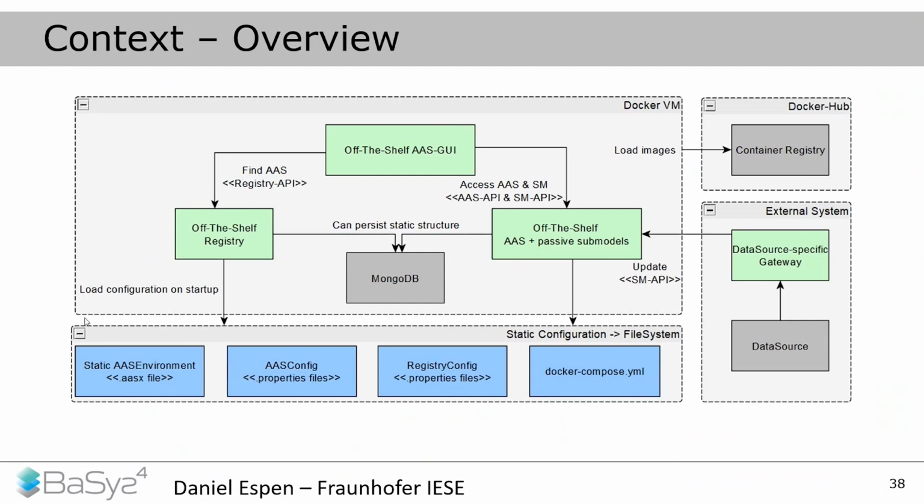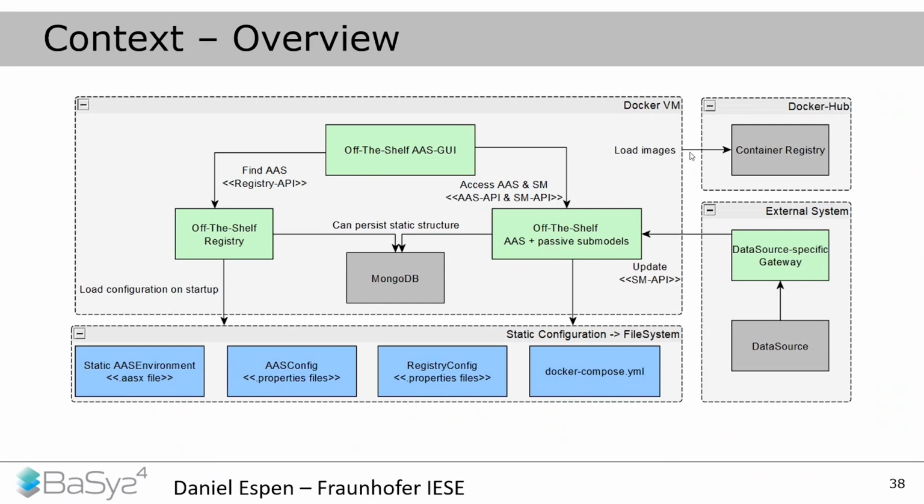But basically, if you have an environment that uses all the off-the-shelf components, then it looks like that. From the Docker Hub website, the image or container registry, the images are loaded.